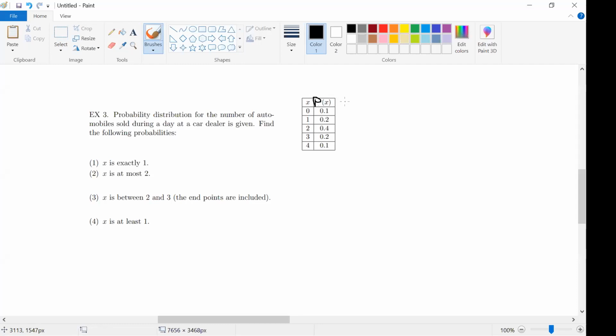I'll give you about a minute or two to work on this. Then we'll go back up to that example there, and then we will move on to our next distribution.